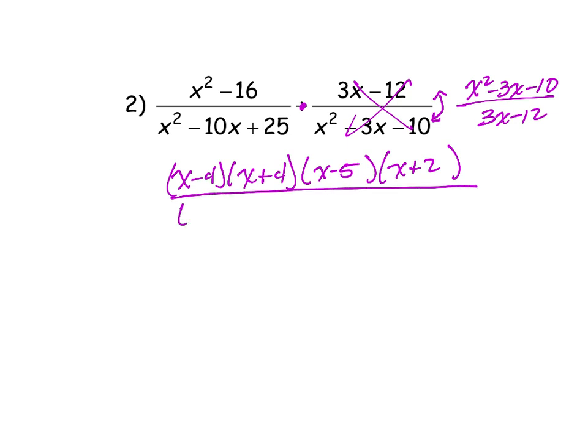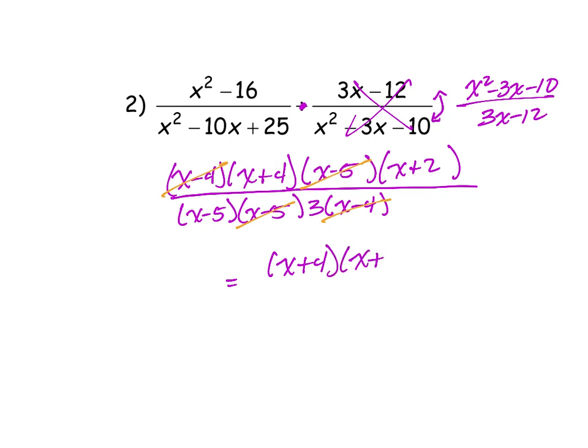And then in the bottom, let's see, that's x minus 5 and x minus 5. And if I factor 3 out, I get x minus 4. So x minus 4 and x minus 4, x minus 5 and x minus 5. So I should get x plus 4 times x plus 2, all divided by 3 times x minus 5.